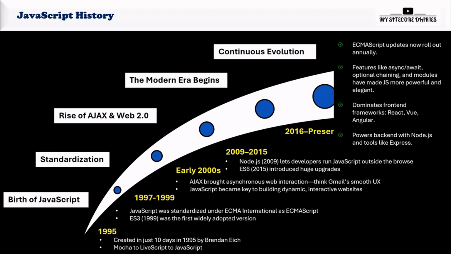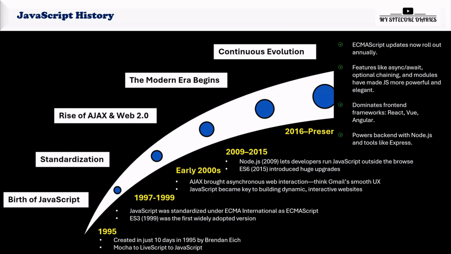Today, JavaScript is at the heart of modern development. It powers front-end frameworks like React, Vue, and Angular. It also runs the backend using Node.js and tools like Express. In short, JavaScript has gone from a 10 day prototype to a backbone of the modern web, and its journey is still ongoing.